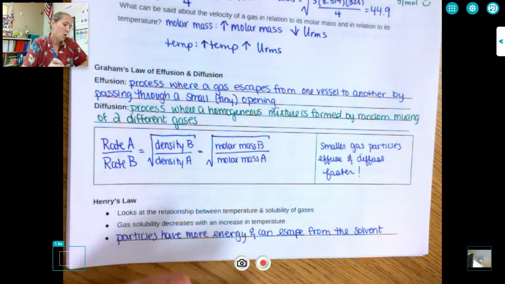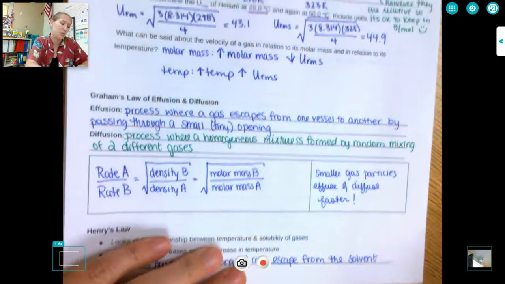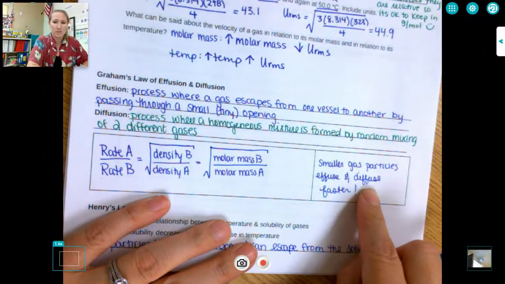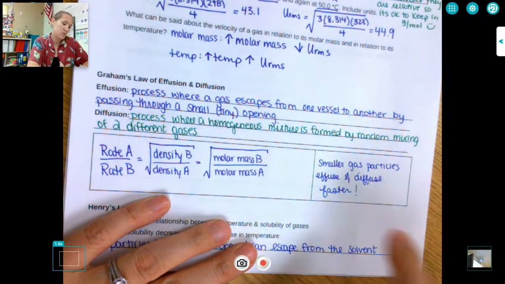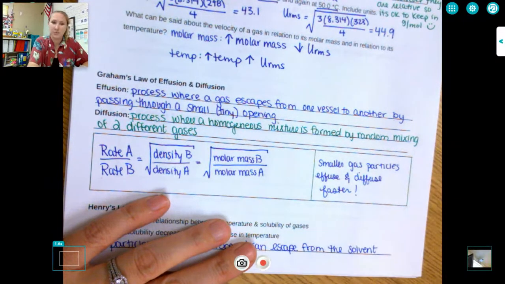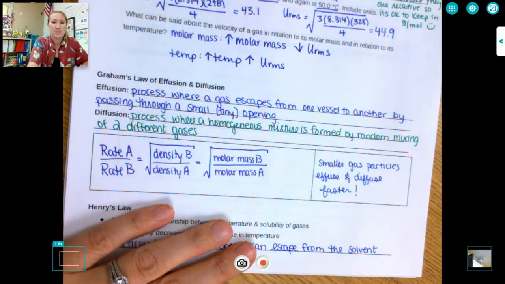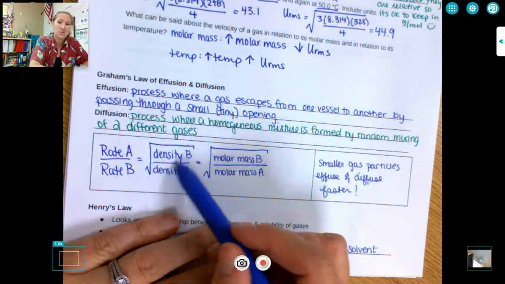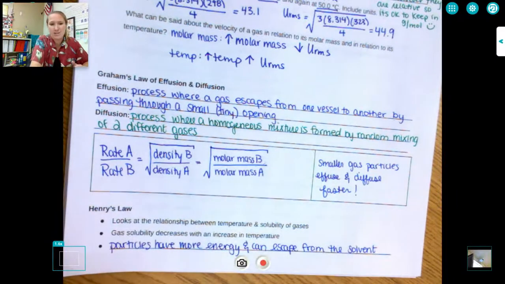So we have, similar to root mean squared, rates to calculate which gas molecules move faster. And just like before, that's based off of size, molar mass, and also density, right? A more dense gas is going to move slower than a lesser dense gas.